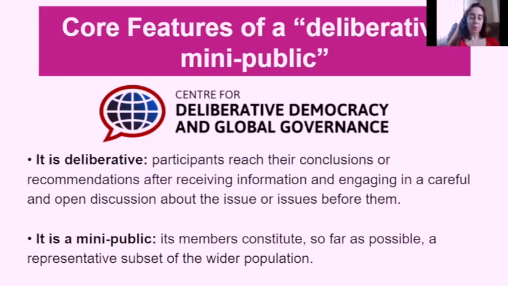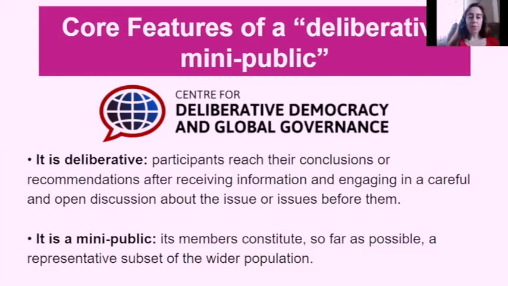So one, it's deliberative, obviously, right? Participants reach their conclusions after receiving lots of information, engaging in careful discussions. Often there's consultation with the public, and there's a certain process they go through from learning to deliberating to making a recommendation.